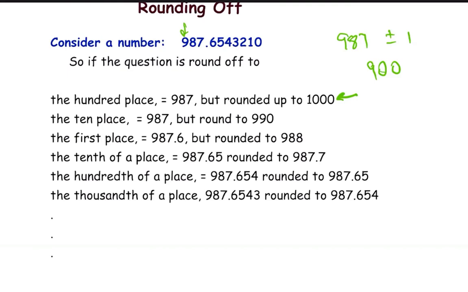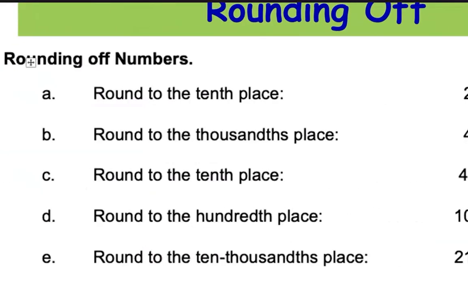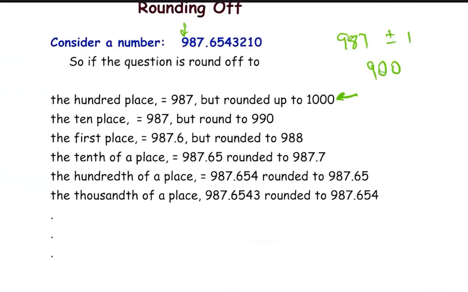Okay, the best way to do this, if you want to show that you're rounding to the 100 place, is to write it this way: 1.0 times 10 to the third.